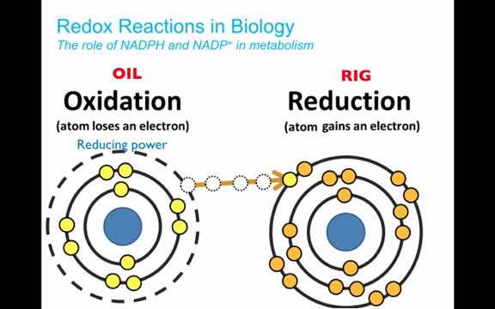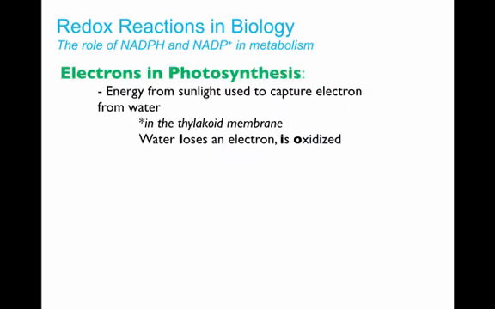And similarly, molecules or atoms that undergo reduction, they're stealing an electron from somewhere, which means that when they get reduced, they're causing something else to be oxidized. We can say that they have oxidizing power. And once again, you'll notice that oxidation and reduction are completely tied together. They must coexist. We can't have one without the other.